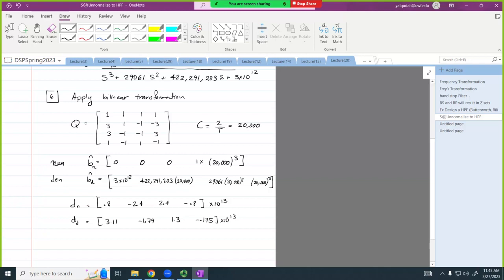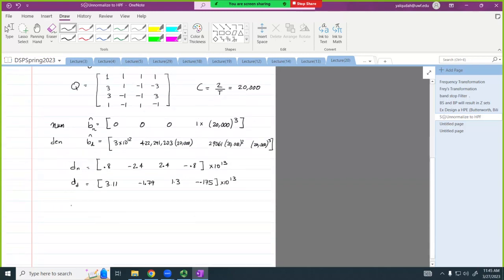So the 10 to the 13 will cancel out, and we can write our H of Z, which is going to equal K multiplied by Z cubed minus 3 Z squared plus 3Z minus 1, divided by Z cubed minus 0.577 Z squared plus 0.42 multiplied by Z minus 0.0563.